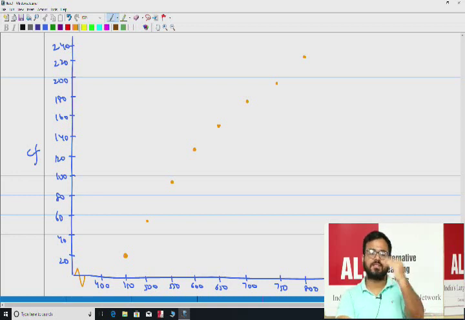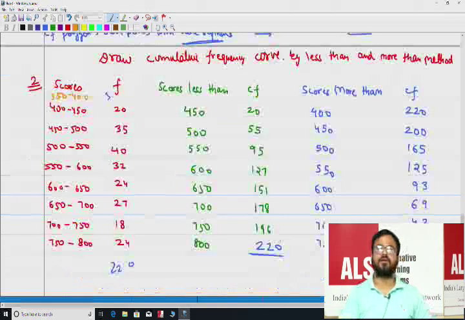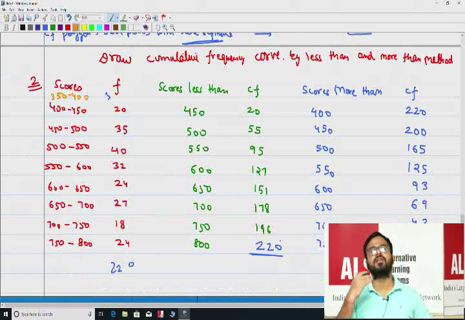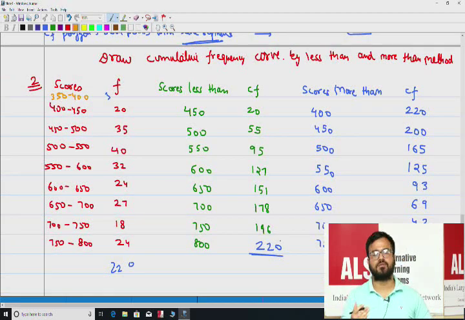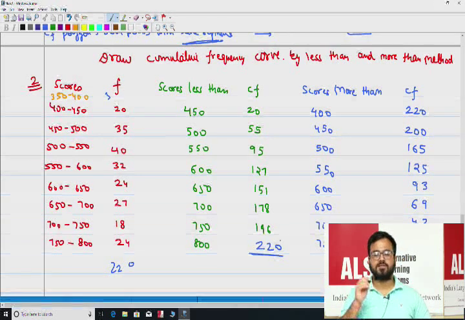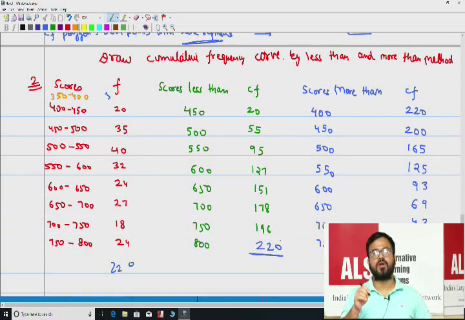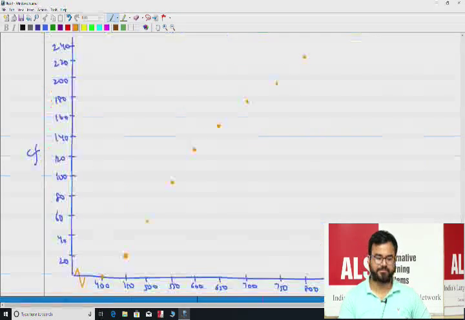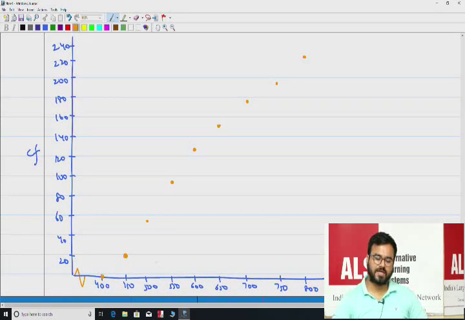If we go one step beyond that, one of the interval would be 350 to 400, and we will assume that in that case the frequency is 0 by assumption. So it means on the coordinate 400 the cumulative frequency would be 0. So we will take this 400 also into the consideration, and then we can join them.